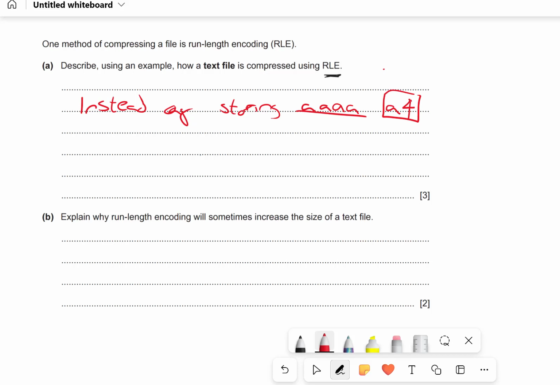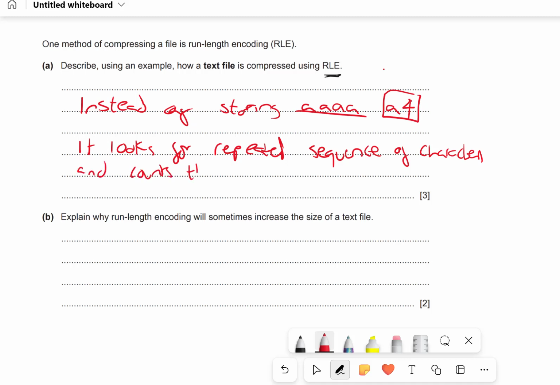I'll then explain how it works. It looks for repeated sequences of characters and counts the amount of consecutives.